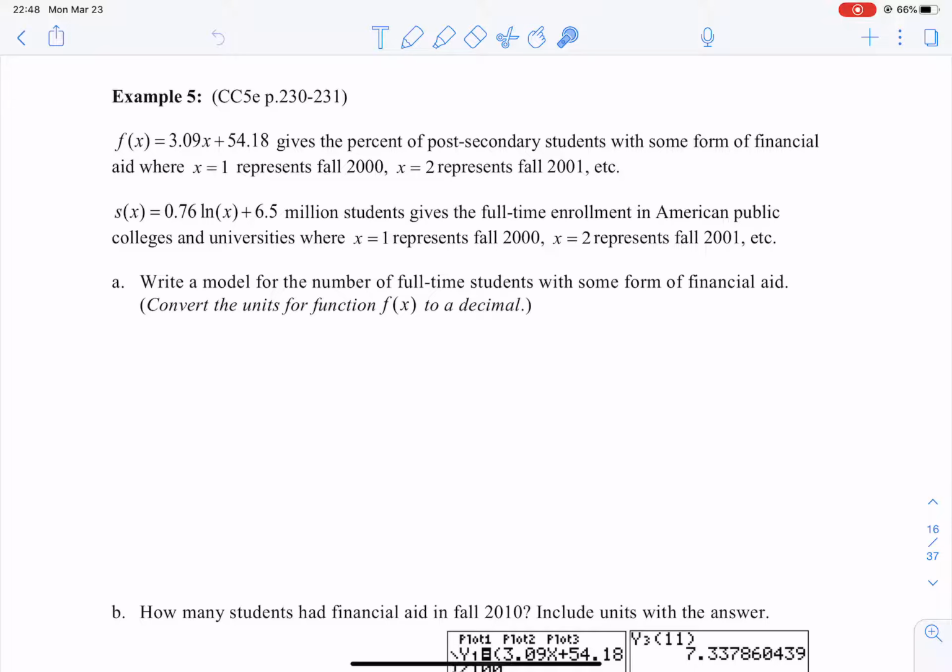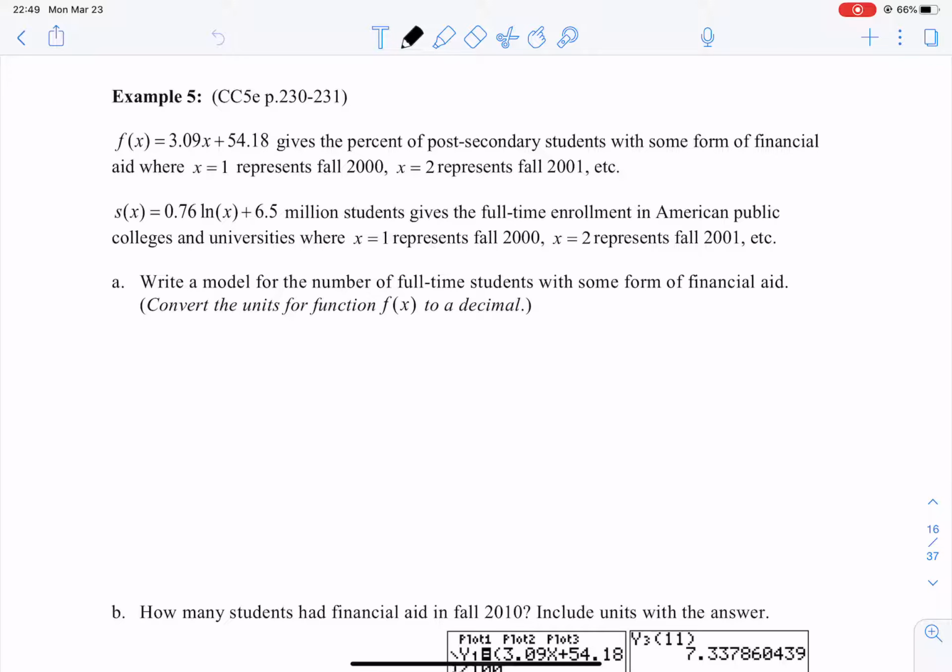So you can see here, x means the number of years after 1999. The second function, s of x, the unit is mainly students. Then we know this one talks about the number of students. And this one gives the full-time enrollment in American public colleges and universities. And they have the same x.